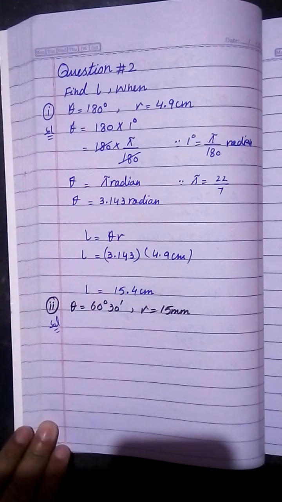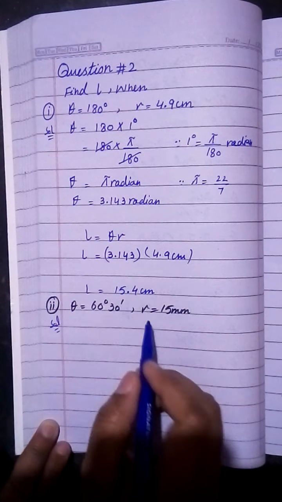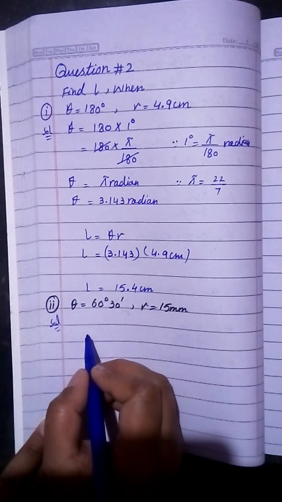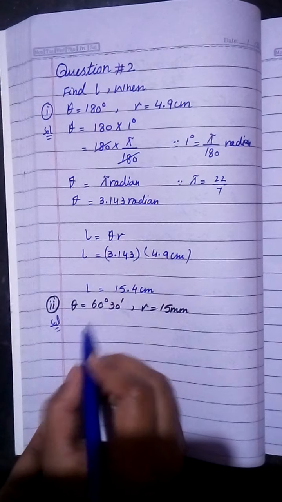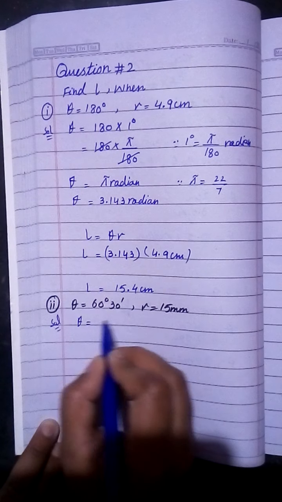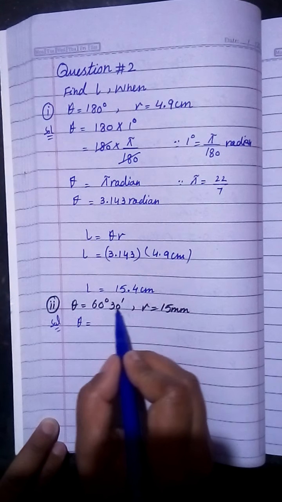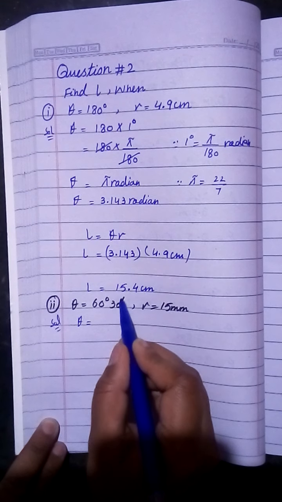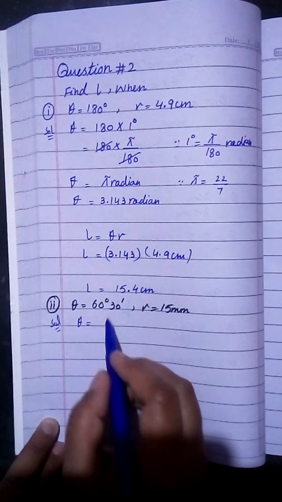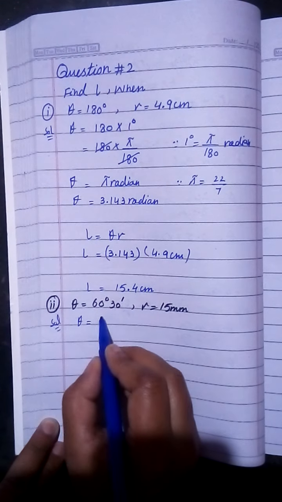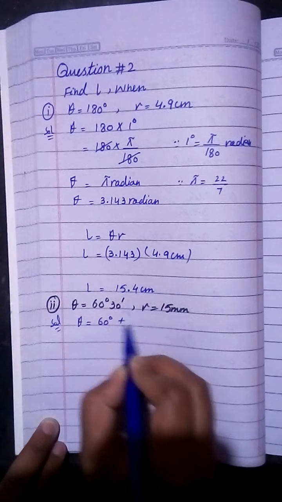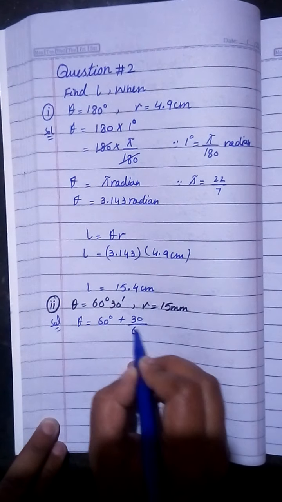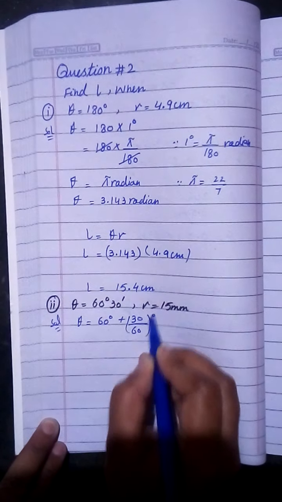Now we will do the second part of question number 2 of exercise 7.2. As we know that theta should be in radian, so first of all you have to convert degree into radian. But here a single slash is used for minutes. So first of all you have to convert minutes into degree, and after that convert degree into radian. So 30 divided by 60, then convert to degree.